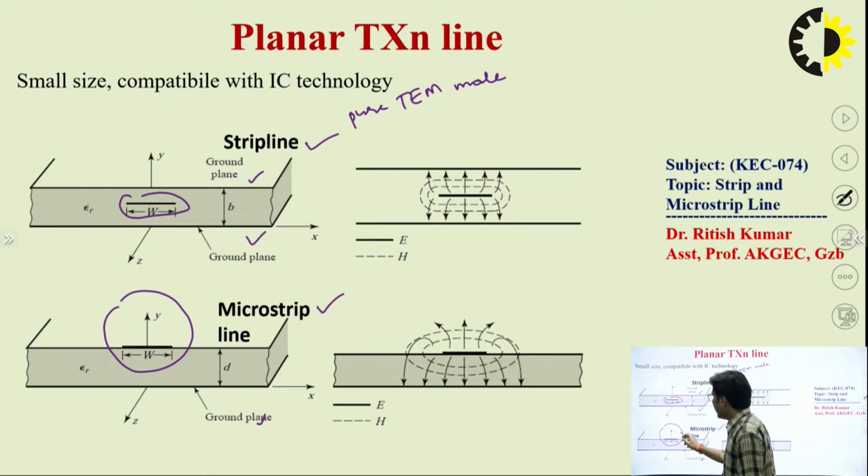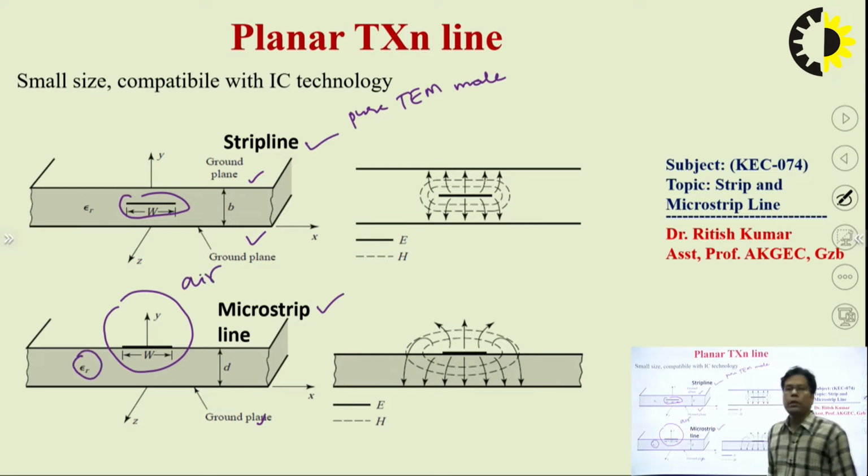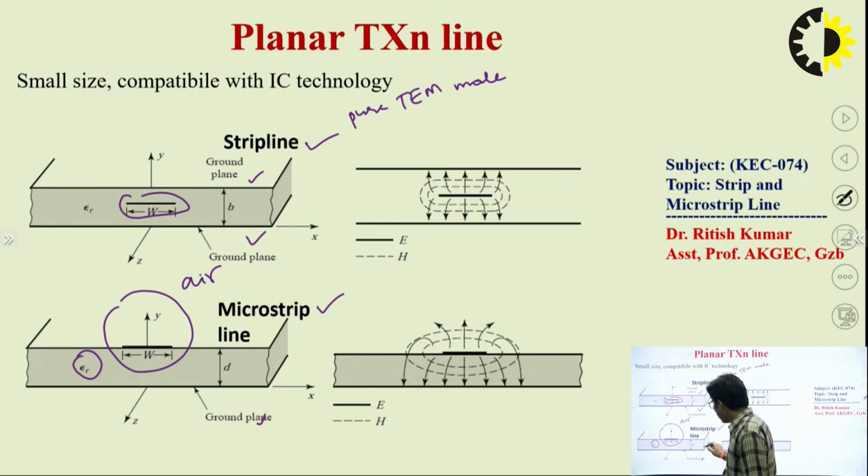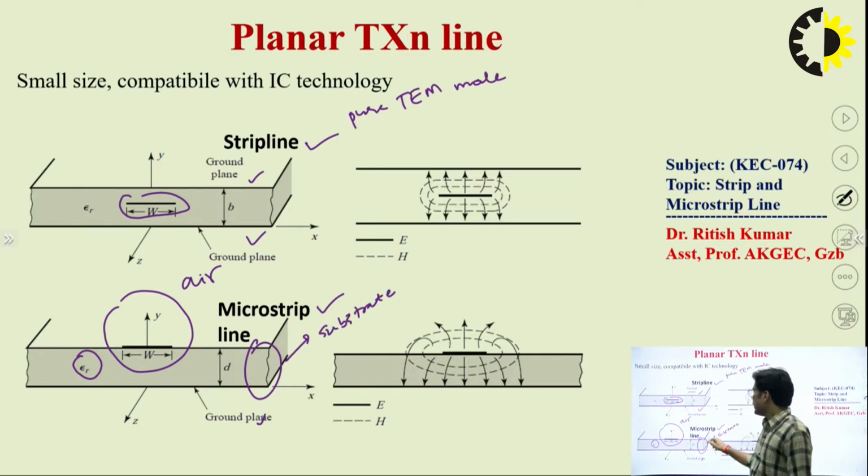But here we find that the upper section of the center conductor has the air media, while the lower section has the relative permittivity media, that is epsilon r. This part of the transmission line is called the substrate. So this is nothing but a substrate.